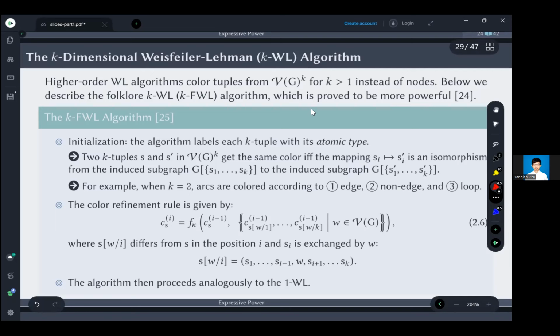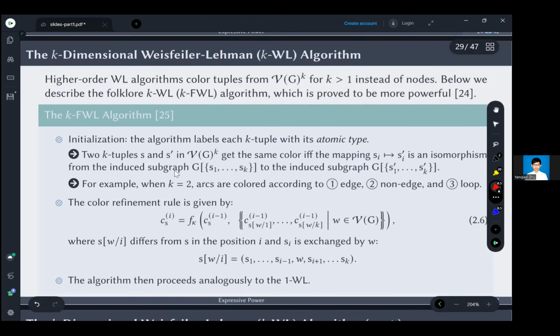Here is the pseudocode of how the algorithm works. Firstly, in the initialization step, we label each node, or each k-tuple, with its atomic type. So what is atomic type? The formal explanation is very abstract.